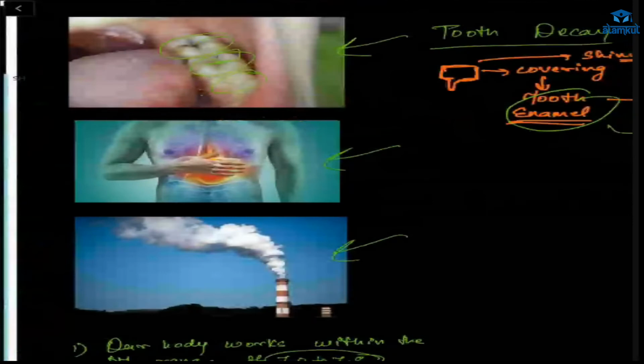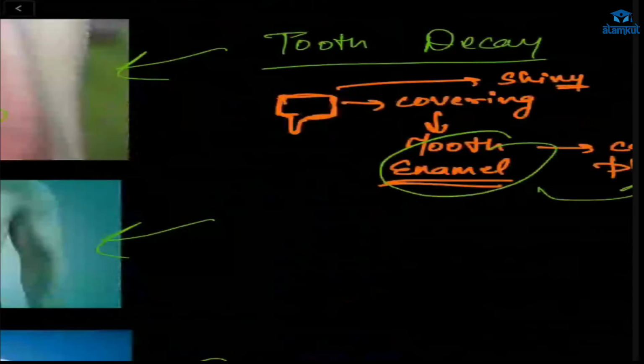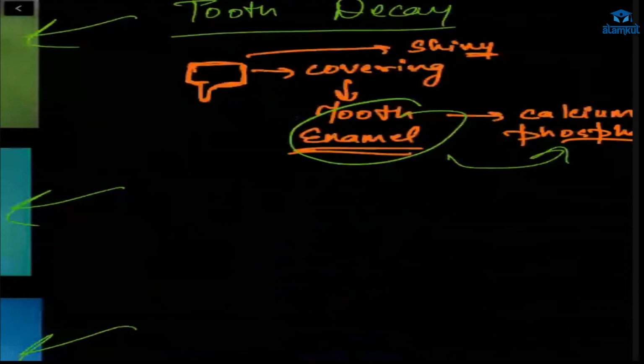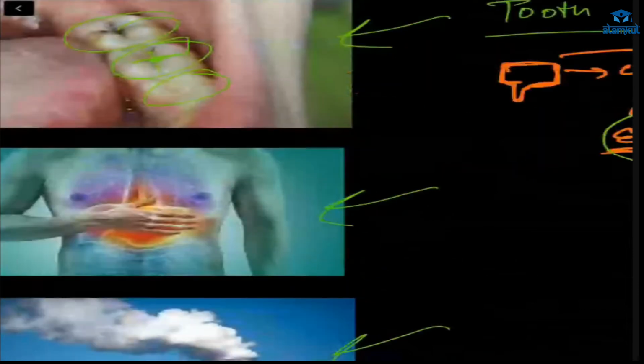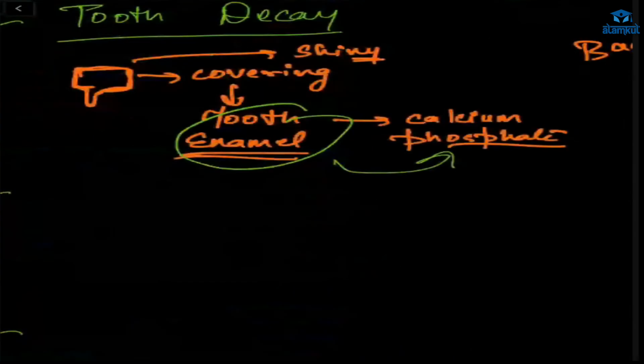Bacteria will remove the covering part, so it will start reacting with your main teeth. That's why your teeth will look blackish here. Now you got it, how you get the toothache.